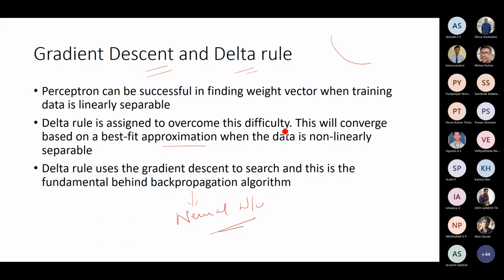This delta rule will converge based on the best fit approximation when the data is non-linearly separable. Supposing it is not linearly separable, then you have to go in for an alternate rule. So this delta rule typically uses gradient descent to search, and this is the fundamental behind the backpropagation algorithm.